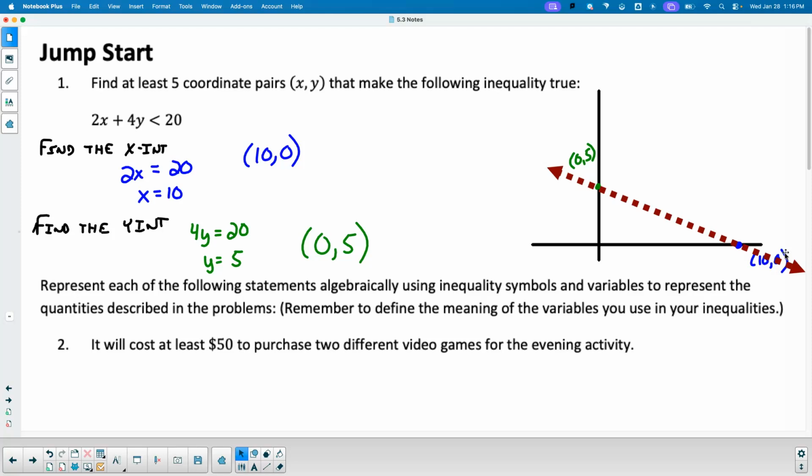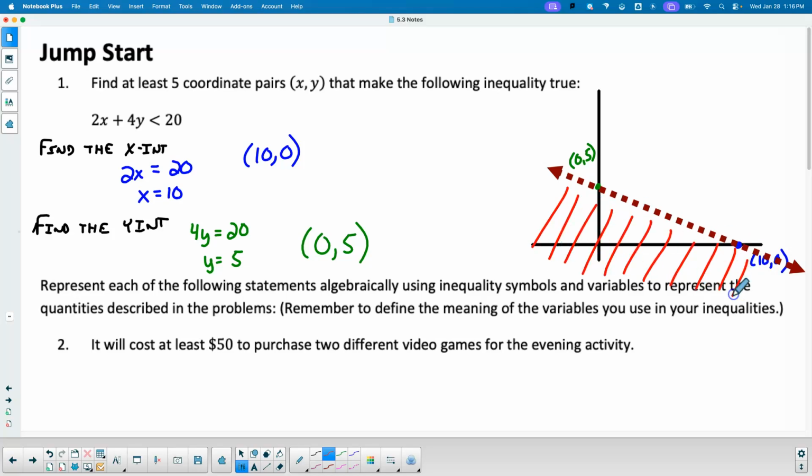Now, it said find at least 5 pairs that make this inequality true. Well, anything down here would make that inequality true.